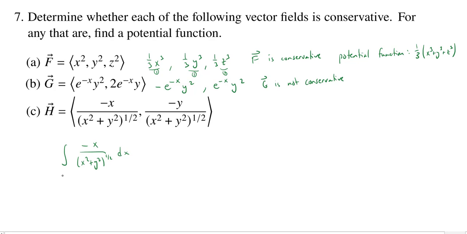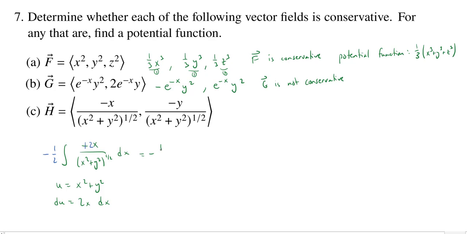So I might do a substitution like u equals x squared plus y squared. So then du would be 2x dx. Well, I don't have 2x dx, but I could insert a 2 by making a 1/2 go out front, and then, well, I don't want this negative here, so I could make that into a plus by putting another minus out front. And now I really do have my 2x dx.